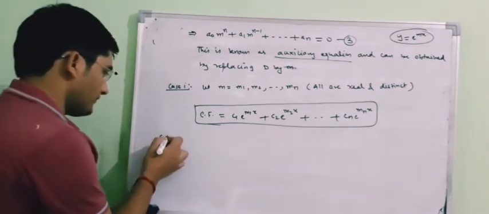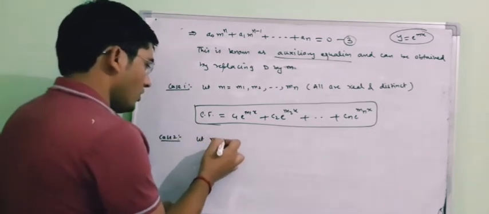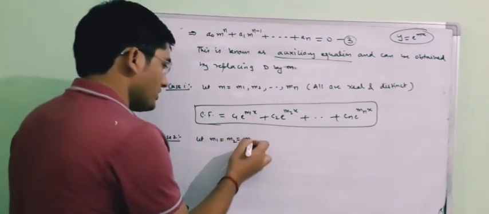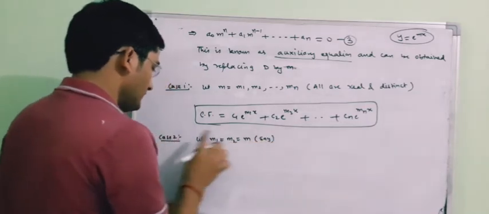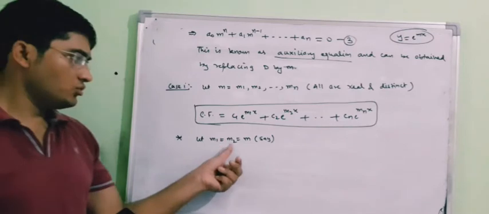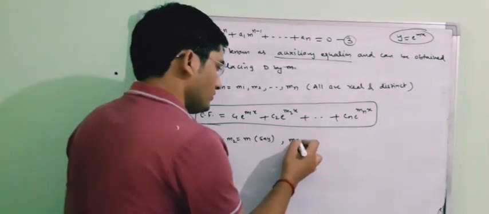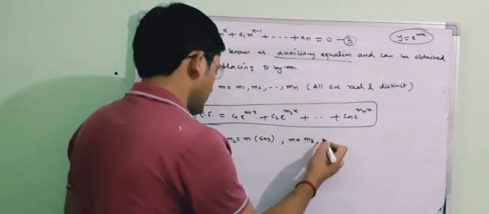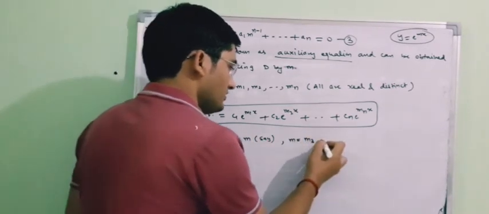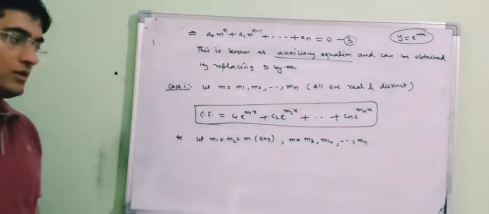Case 2. Suppose that two of the roots of the auxiliary equation are equal. This is a particular case of the previous case. Suppose that two roots are equal and the other roots are distinct. Say m1 and m2 are equal, and the other roots are m3, m4 and mn.